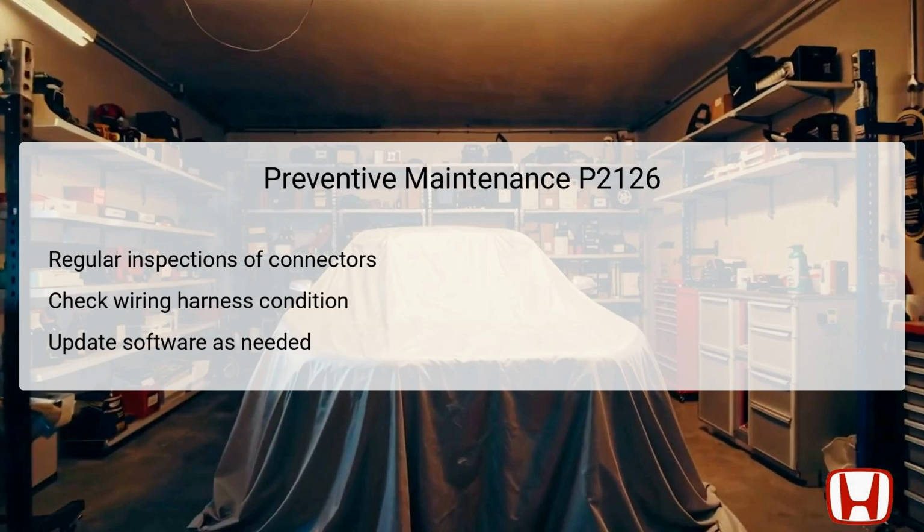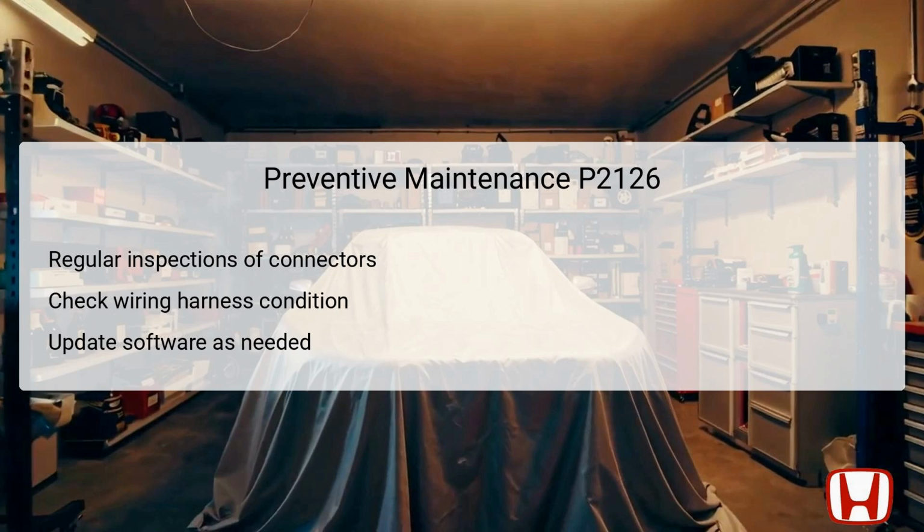To prevent future occurrences of DTC P2126, it's important to engage in routine preventive maintenance of the vehicle's electrical systems, particularly the APP sensor, connector, and wiring harness. Regular inspections should be performed to check for any signs of wear, fraying, or corrosion that might affect conductivity.